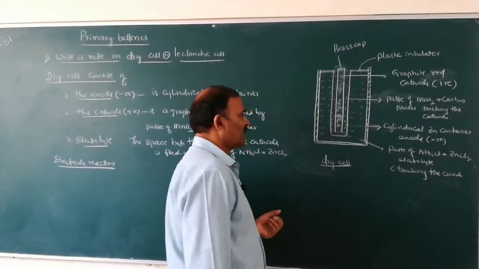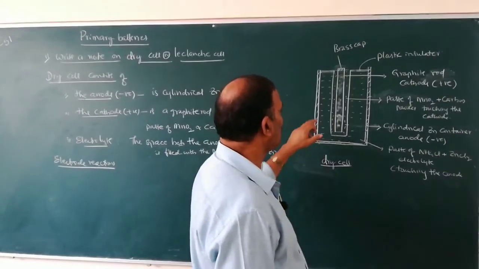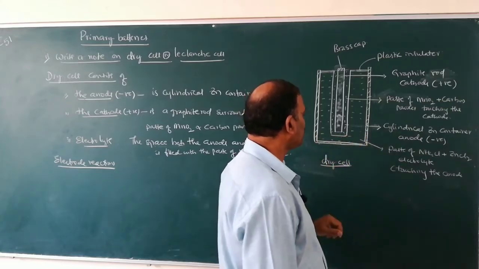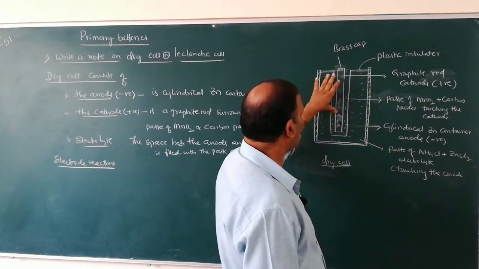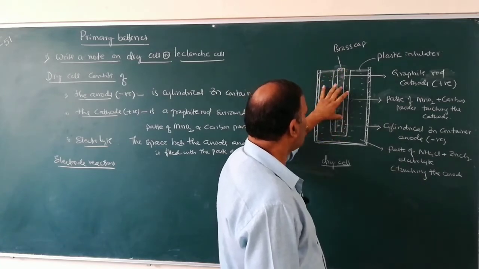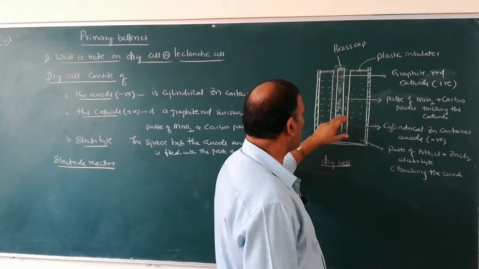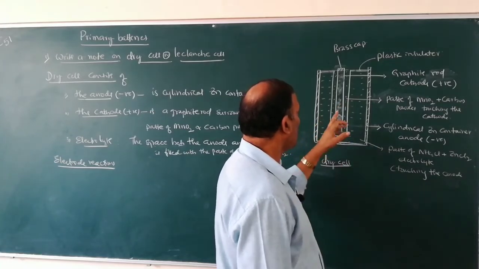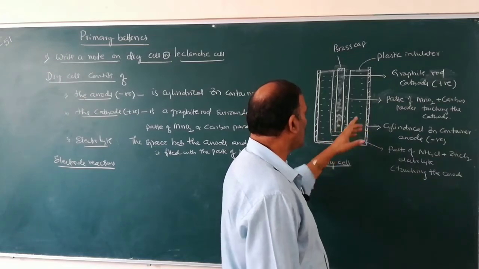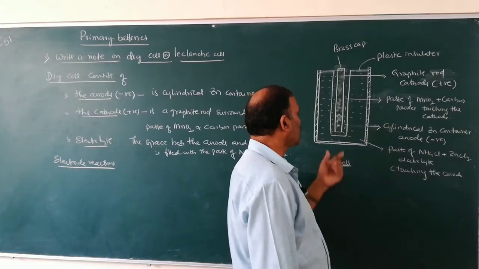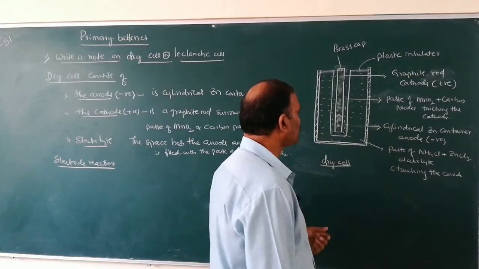description of dry cell. So in dry cell, zinc container is the anode and graphite rod at the center is the cathode. This cathode is surrounded by the paste of manganese dioxide and carbon powder, and in between this cathode and anode there is a paste of ammonium chloride and zinc chloride which acts as electrolyte.